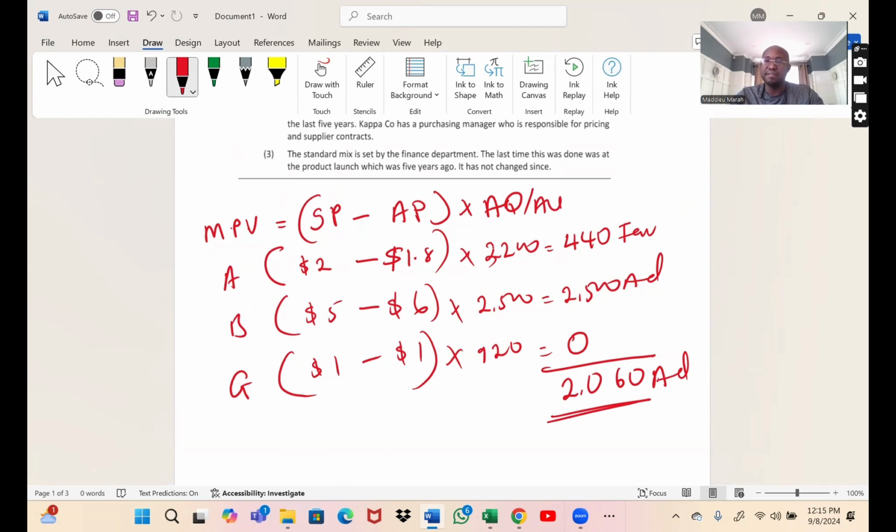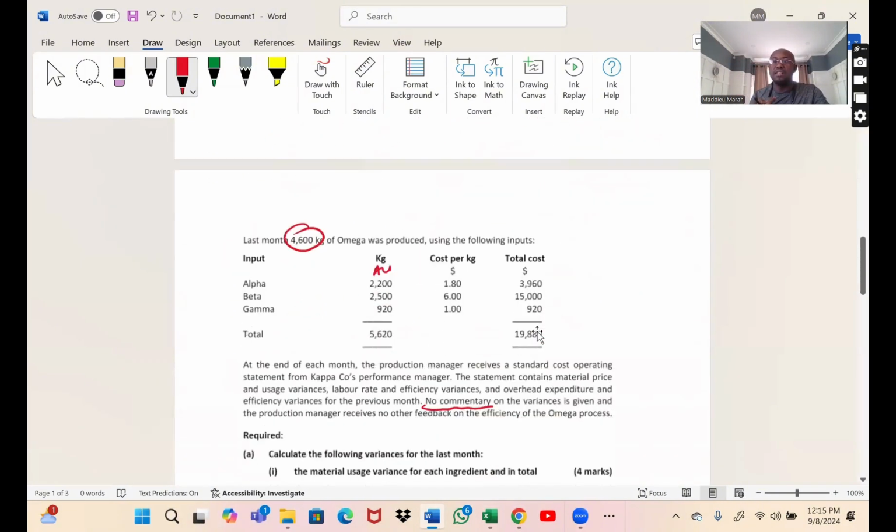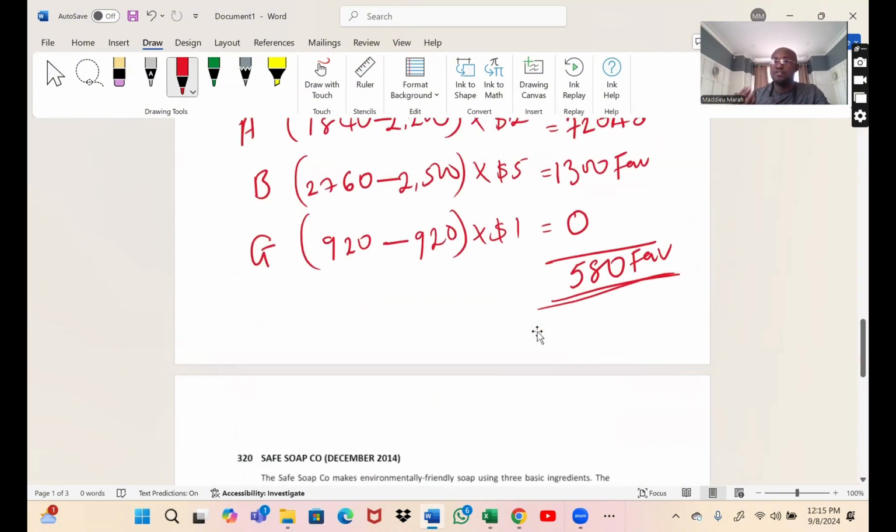That gives me an adverse material price variance. For the usage variance, because we input expensive quality material into the process, we're going to get a very good output. So our yield variance sums up to be favorable because we use good materials in the process.